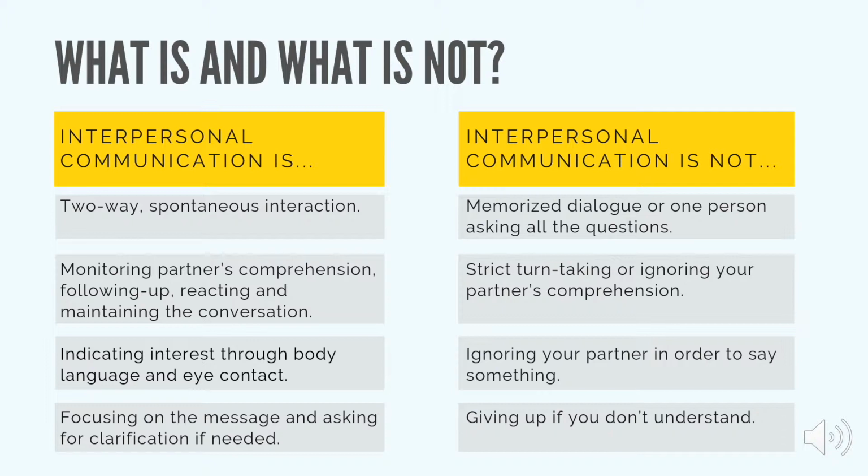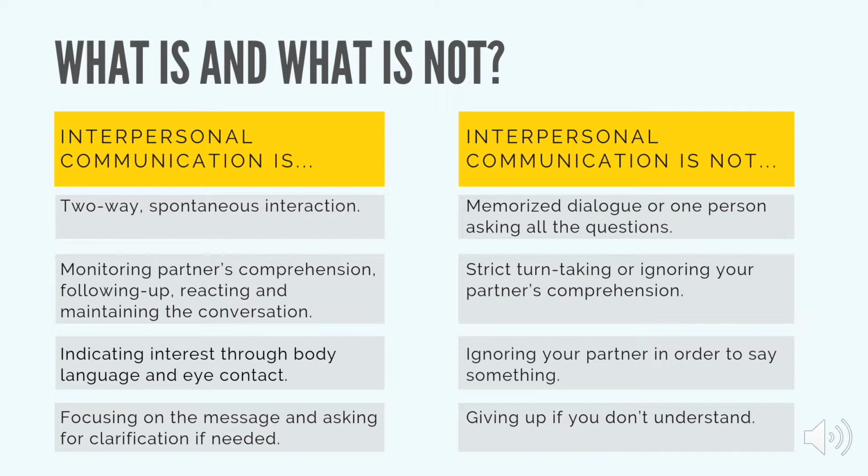The Ohio Department of Education also clarifies what is and is not interpersonal communication. Interpersonal communication is a two-way, spontaneous interaction, monitoring your partner's comprehension, following up, reacting, and maintaining the conversation, indicating interest through body language and eye contact, focusing on the message and asking for clarification if needed.